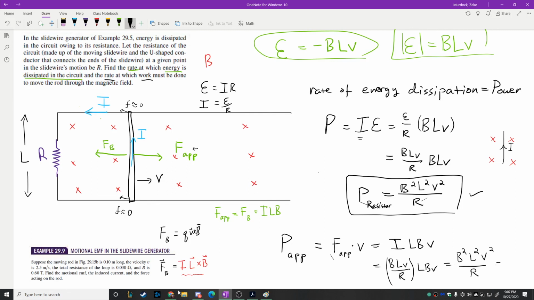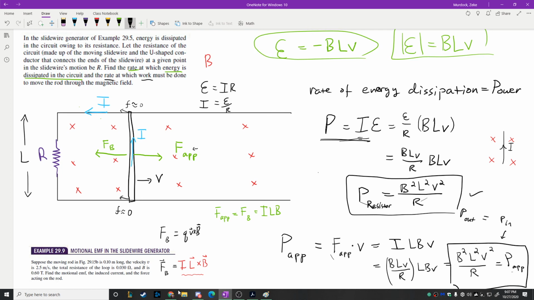So whether we look at it from a mechanics approach, looking at forces, or in terms of power being defined as current times EMF, you get the same answer. And what you find is that the power you put into the system ends up being exactly equal to the power that comes out of the system, which is kind of nice.